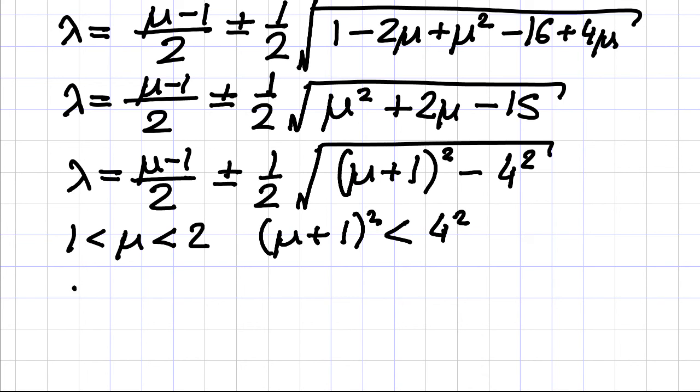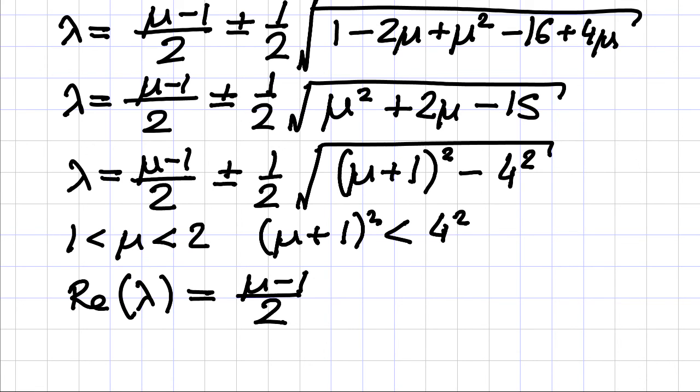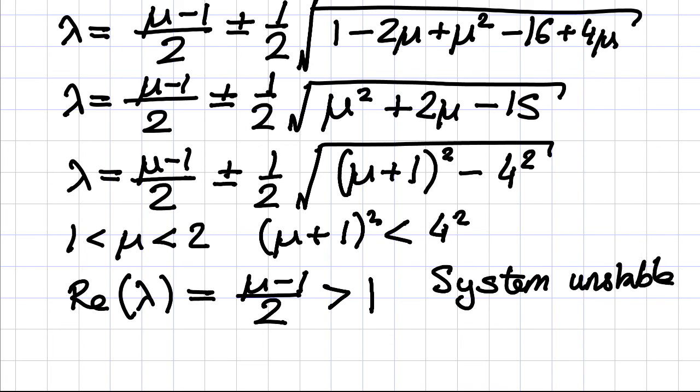So the real part of λ is going to be (μ − 1)/2. And because μ is greater than 1, this is going to be positive, and so the system will be unstable according to our local analysis.